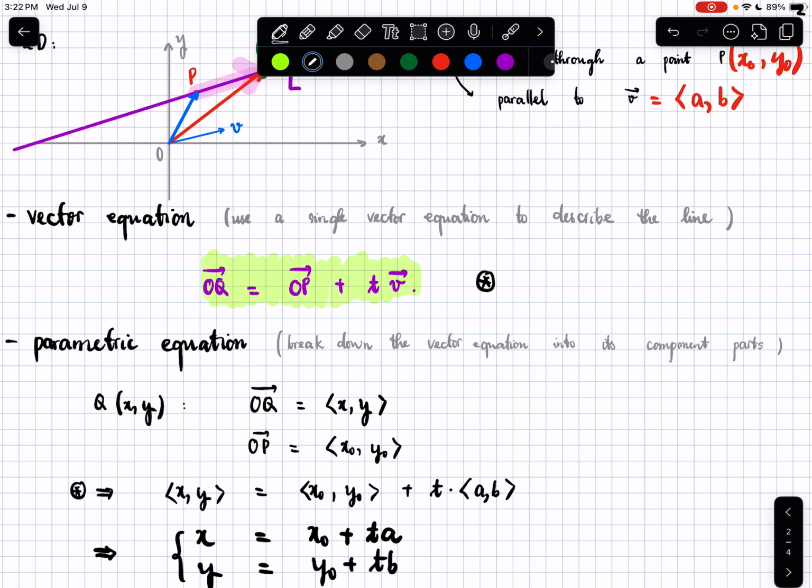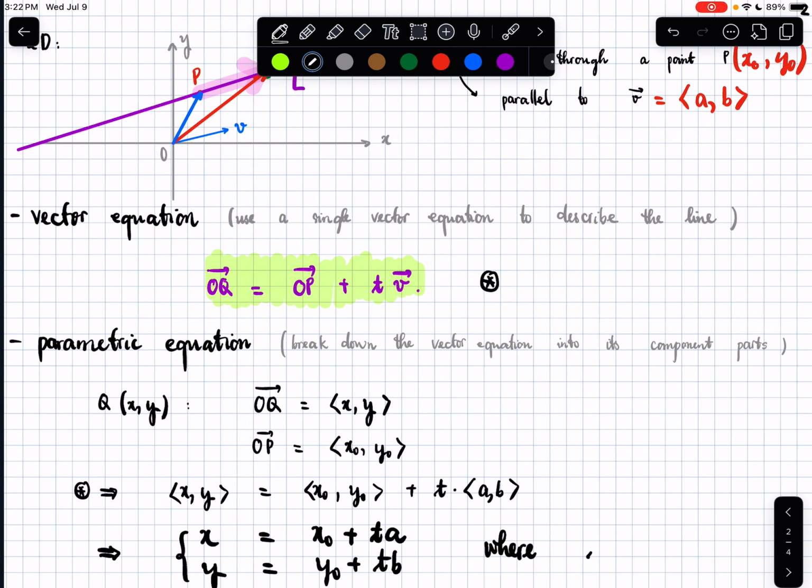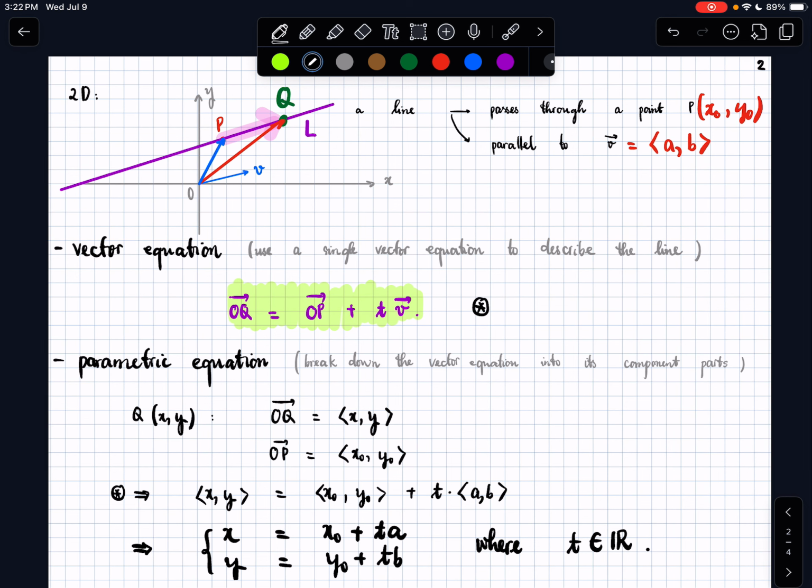Here t we call the parameter; t belongs to the real number set. This system of equations we call the parametric equation.